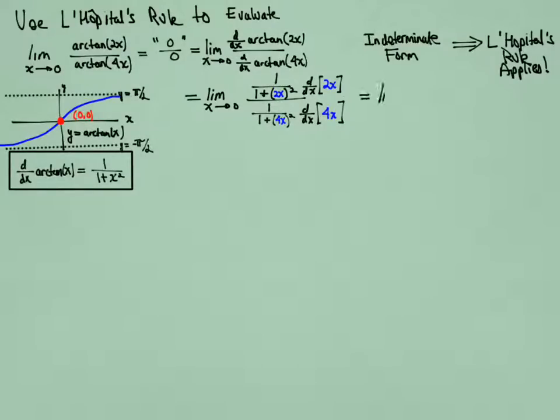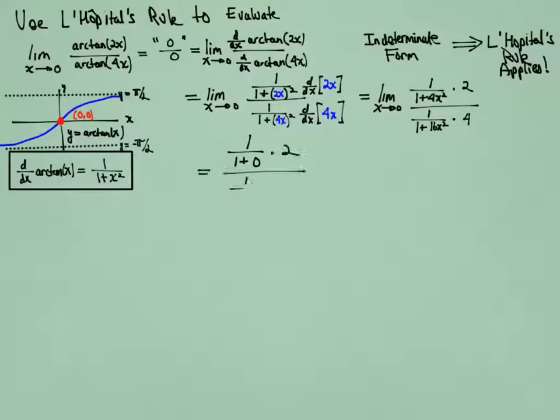So let's finish the calculation. The numerator has 2x squared. So I'm going to see 4x squared when I'm done squaring both quantities, and I'm going to multiply by the derivative of 2x, which is a 2. Similar expression down below, I'll now get 16x squared from squaring 4x, and the derivative of 4x is 4.